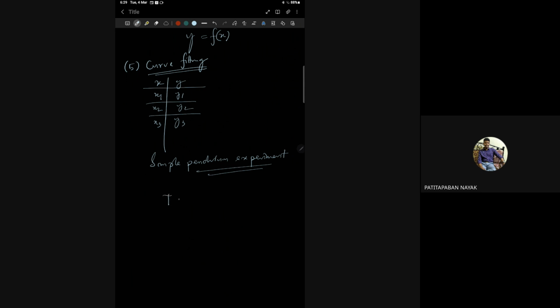What is the time period? Time period is equal to 2 pi root over L by G, right? That is the time period of a simple pendulum.